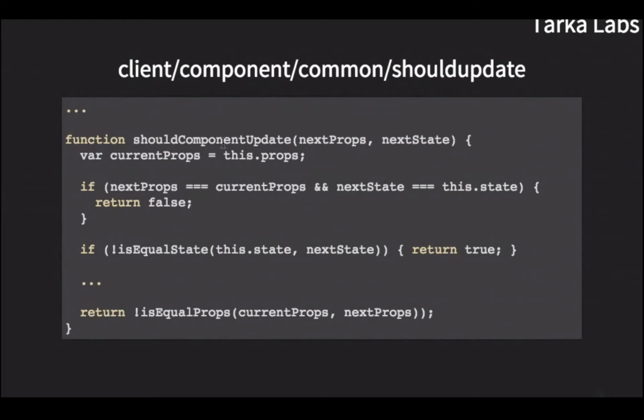It takes in nextProps and nextState. When you compare the current component's props and state, we have an implementation that checks against the current component's state and props to see if any new props have come in, and it returns true to re-render if they are not equal, as you can see.